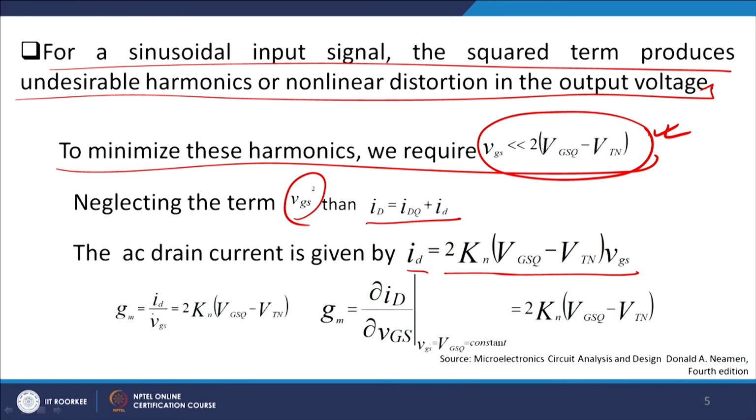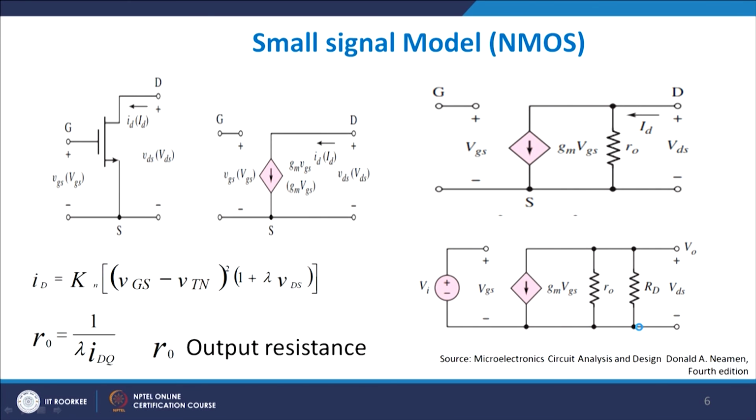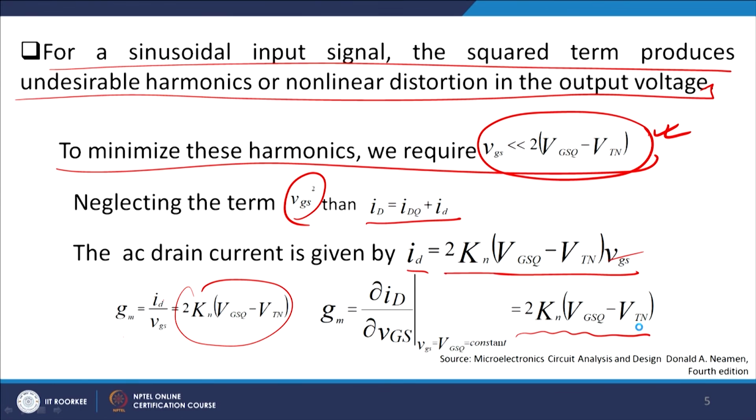GM is defined as the rate of change of drain current with gate voltage, which is nothing but this, because if you differentiate with respect to gate voltage, this term vanishes and you get this. So, gm is 2 times K times (VGSQ minus VTN), and this is the value of transconductance, which you get from the basic fundamental principles.